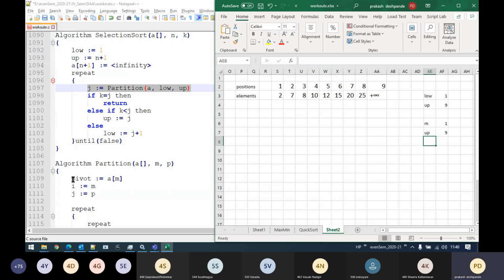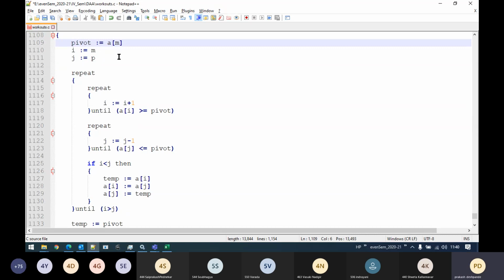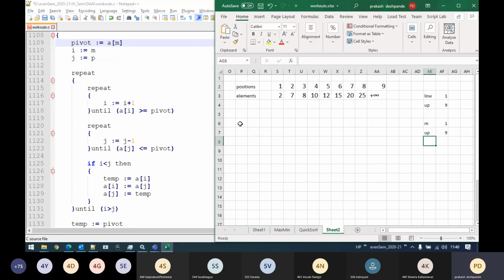Right? Now we are here. Pivot. So pivot will become what? Pivot is A of M. A of M means the value at position 1. At position 1, what we have value as? 2. Pivot means the value, remember, or the element.